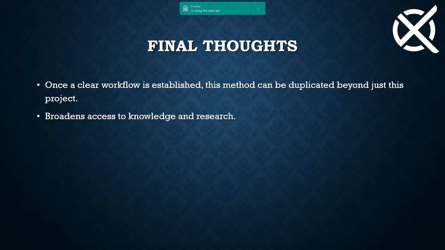This process can be duplicated beyond just this project. It can be given to artists anywhere, and it can allow everyone to be involved in the process of their research, of preserving their own culture and really understanding how their own cultures were created.